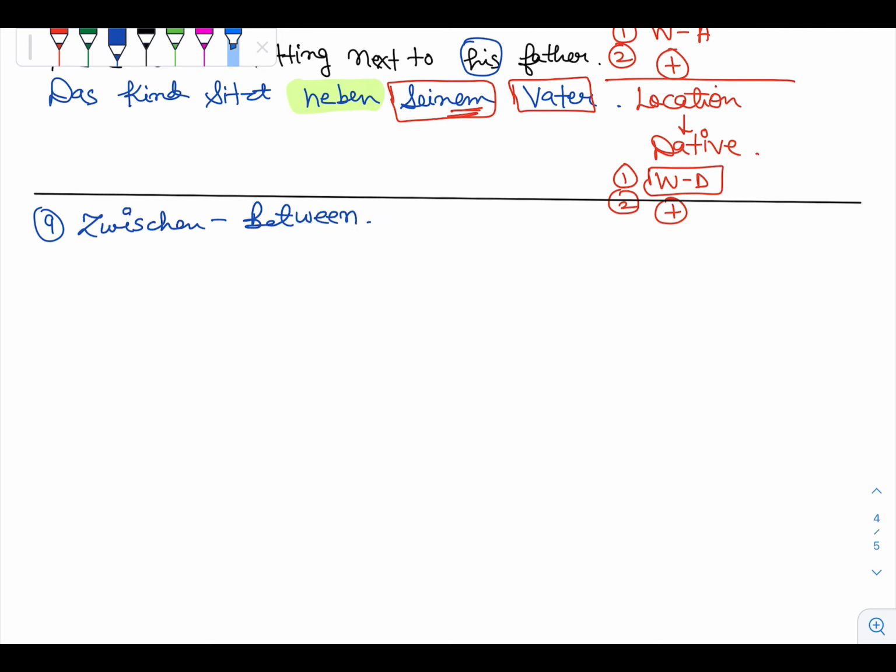He keeps the chair between the table and the bed.